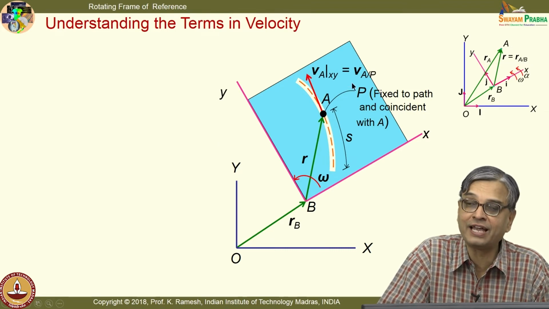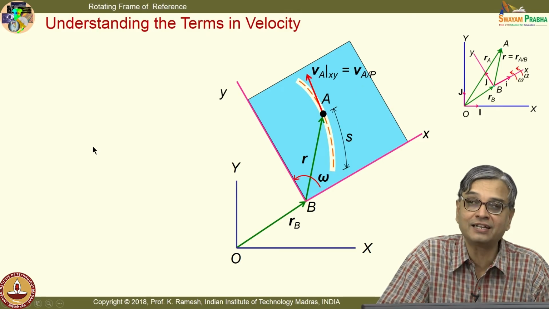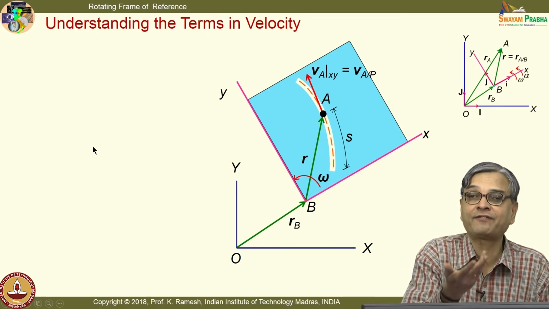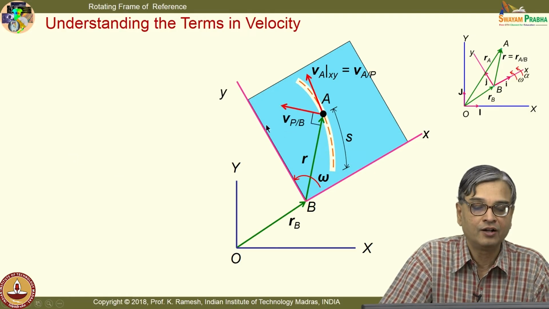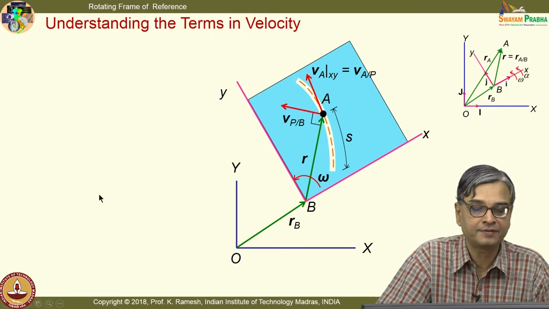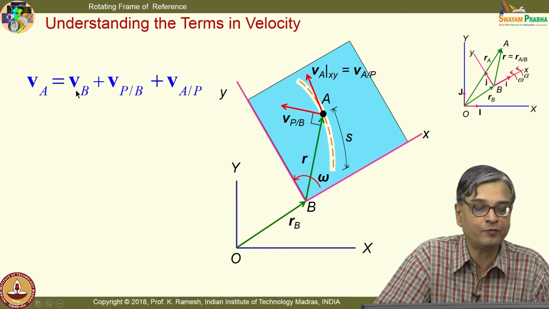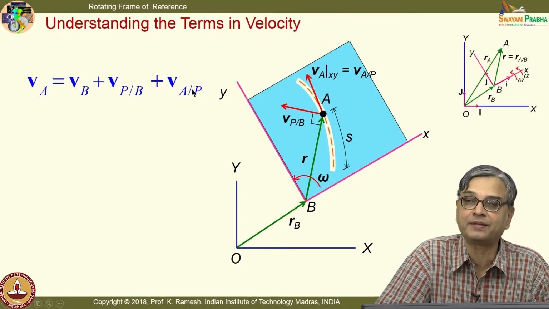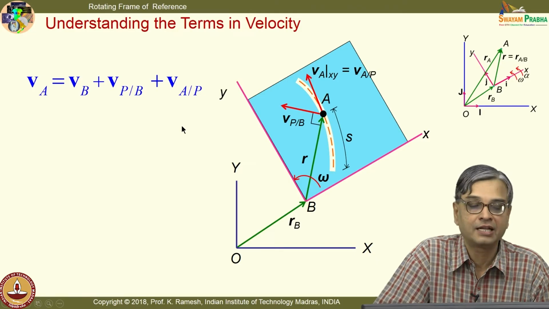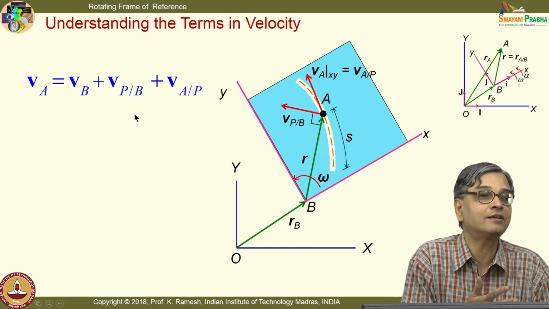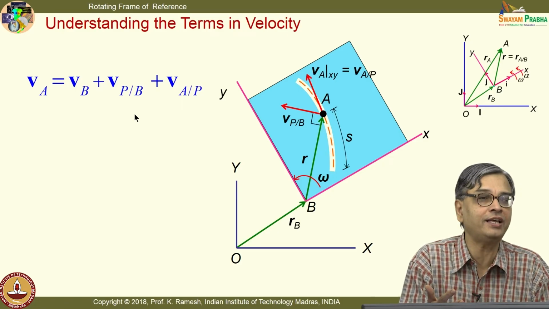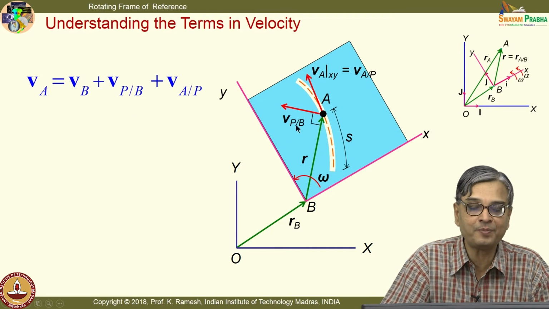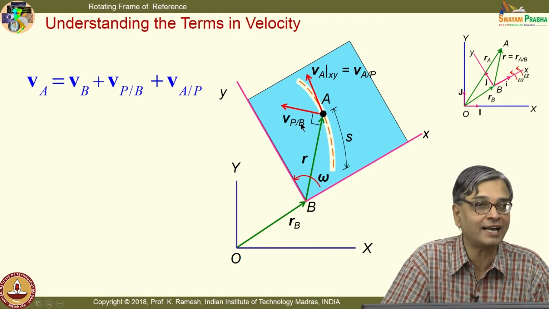Somehow I have to get VA with respect to P, that we get from a rotating frame of reference. But if I want to do it for the point P, I would say VB plus VPB plus VAP. Can you find out what is VPB? You can find out from your non-rotating translating axis attached to the rigid body. I can always say VPB is nothing but omega cross R, that I can confidently say.